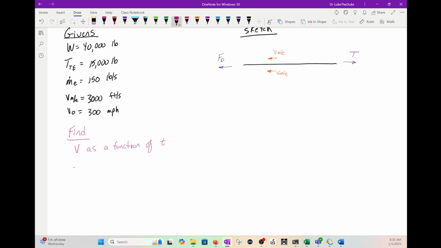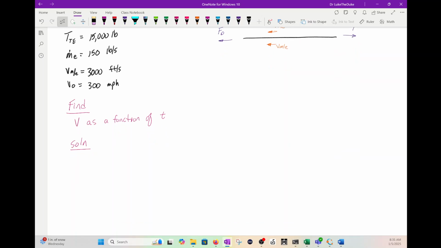All right. Solution. We're going to find a few things first. So let's find M dot E, the exit flow rate. M dot E is going to be 2 times 150 pounds per second, because there's 2 of these, times 1 over 32.2. This is a conversion to slugs, because you have to use slugs per second.